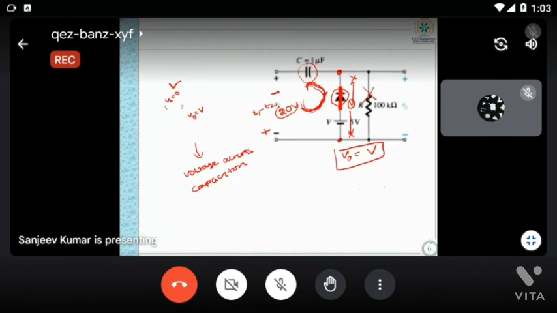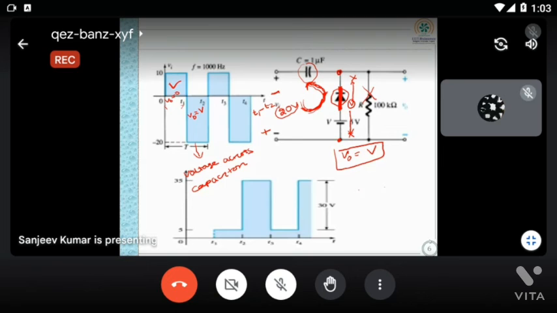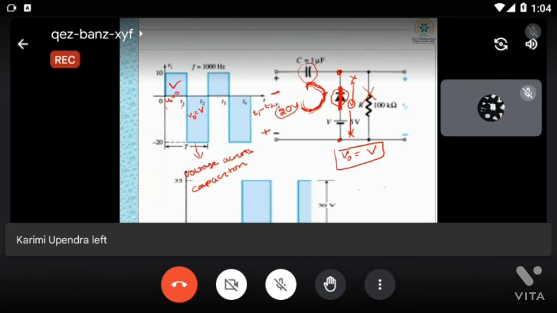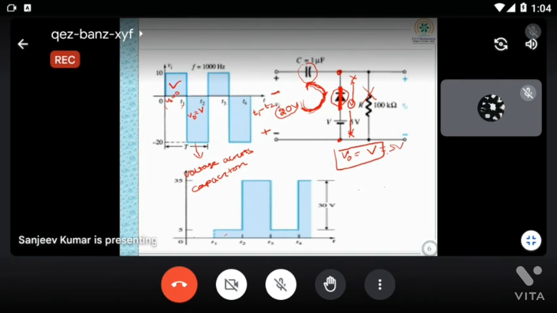So here, you can see for positive 0 to T1, you are getting no output. And during this period, you are getting 5 volt, whatever battery supply is given. So this is your 5 volt. Now in the third half cycle, T2 to T3, what will happen?